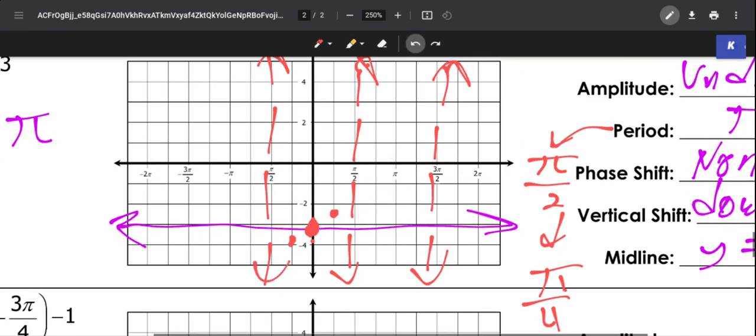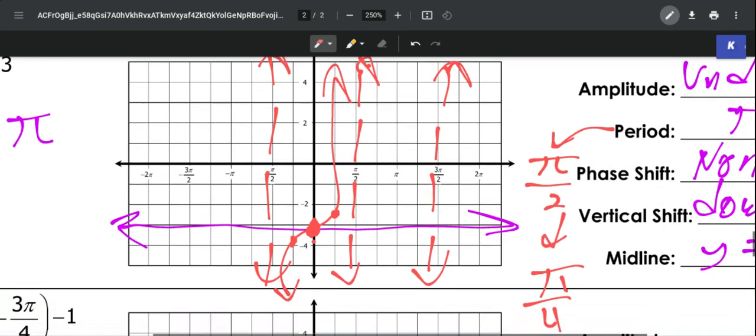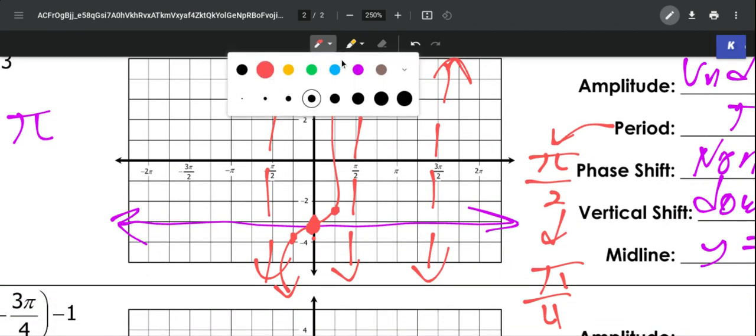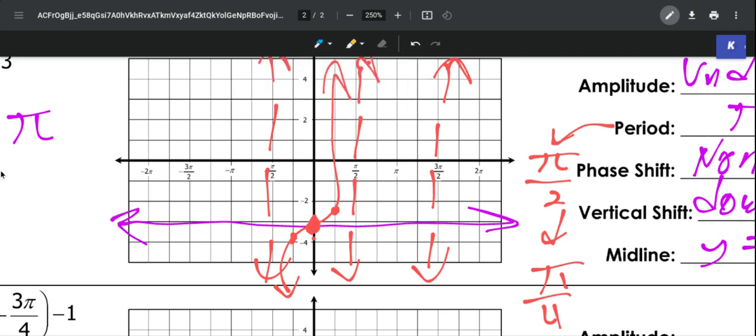Oh, that's not what I want. Okay. Our graph would look something like that. And I can do that in another color too, just so you can see it.